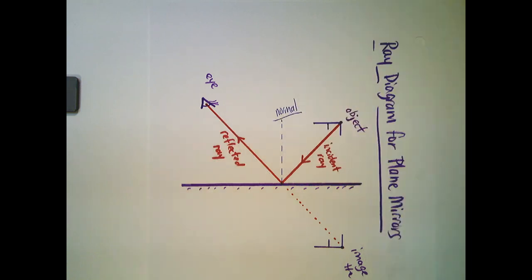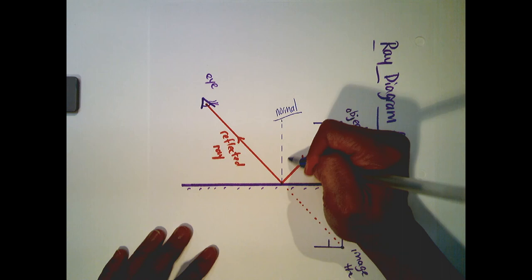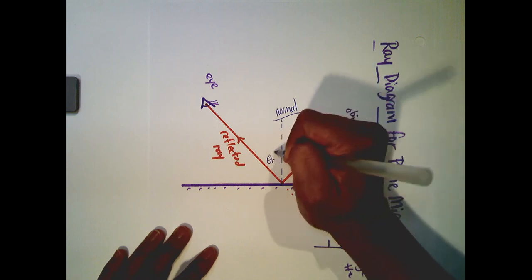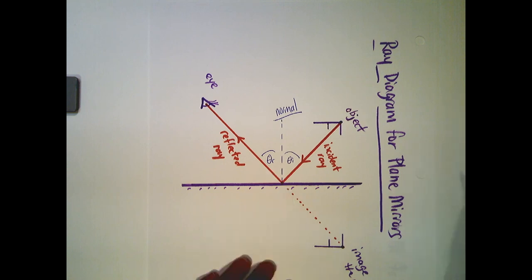Right there. You can see this here is theta I, the angle of incidence, and here's theta R, which is the angle of reflection. They look pretty equal, don't they?